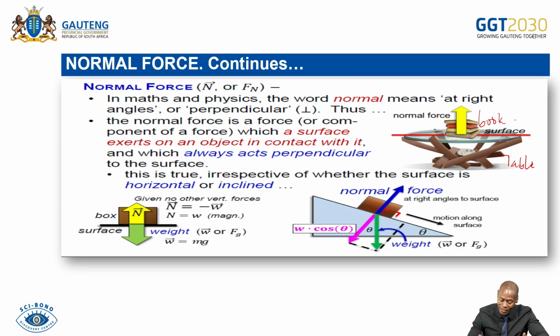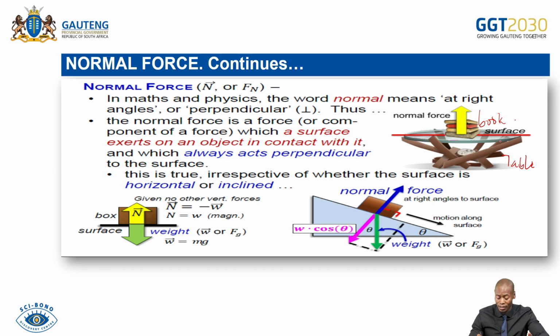Here, the surface is the table. So in this case, it is the force exerted by the table on the book, because it is a force exerted by the surface on an object which is in contact with it. The book and the surface of the table are in contact.